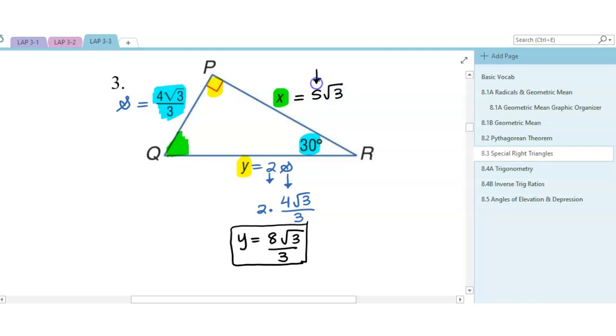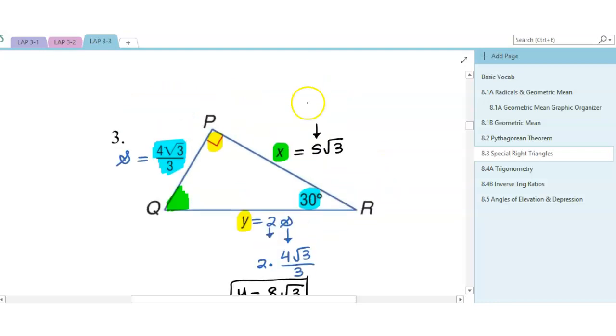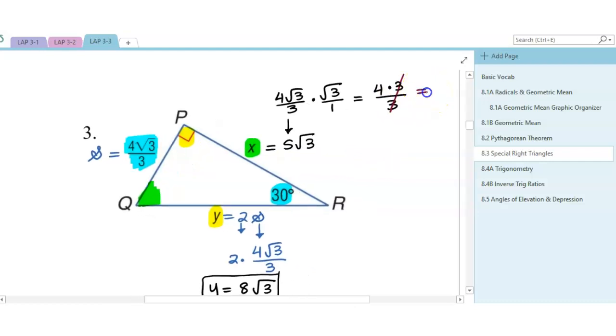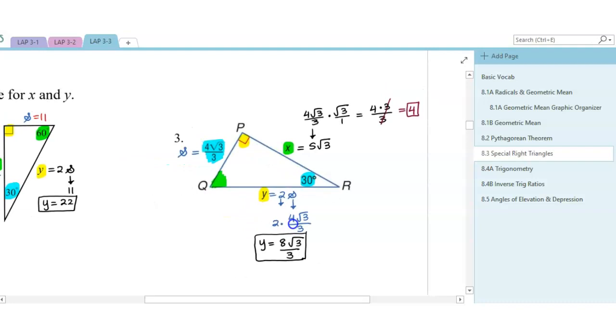Well, since S is 4 root 3 over 3, I'm just going to multiply that by root 3 over 1 to get what my X is. So multiplying throughout, we're going to get 4 times 3 over 3. We can simplify this out to just 4. So X is going to be 4. There we go. Took us about a minute to solve this problem.